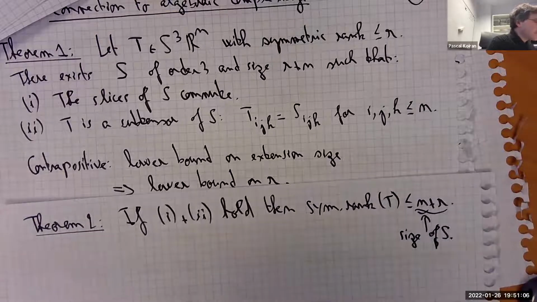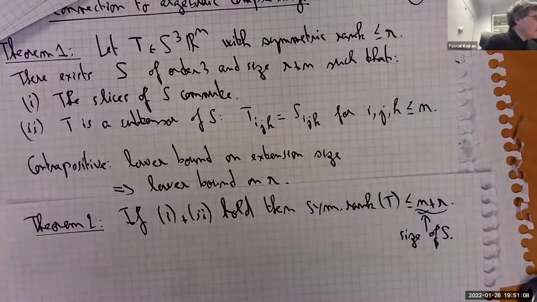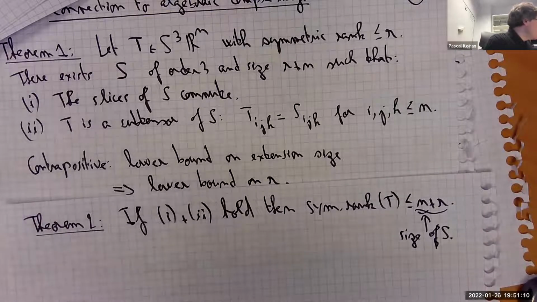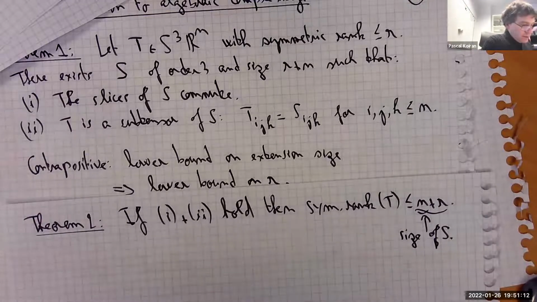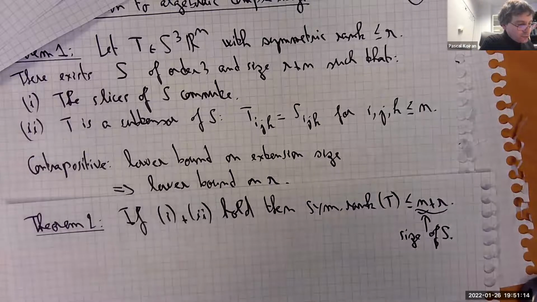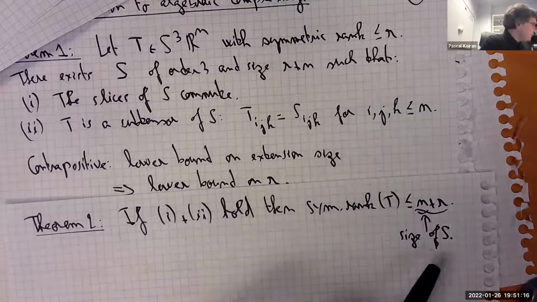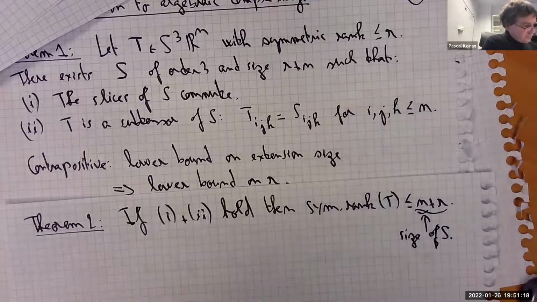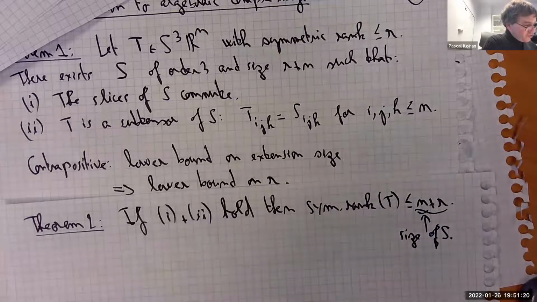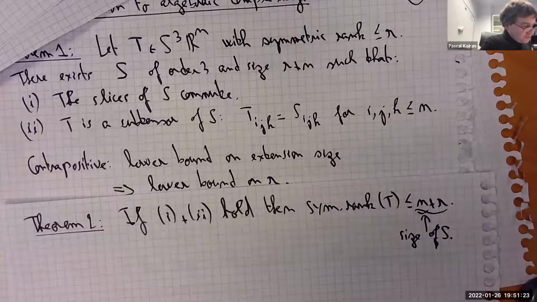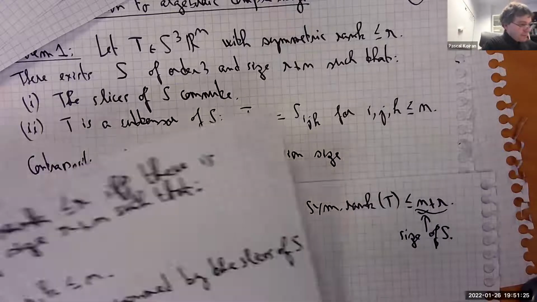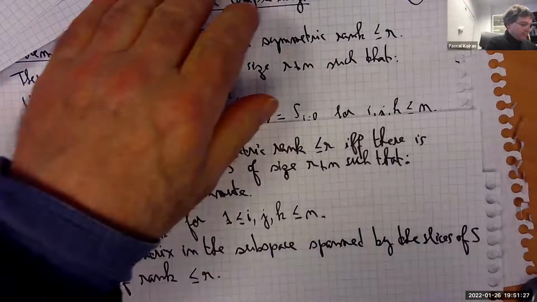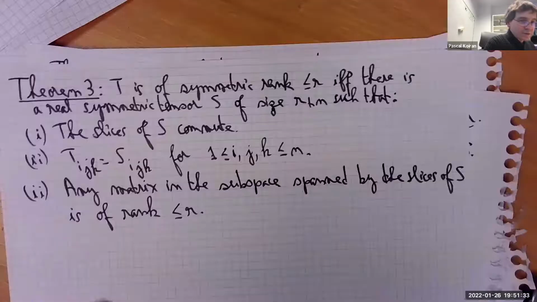Good. So you lose a little bit. You lose this additive term n here, but in fact, there is a more precise theorem which gives you an exact characterization. I'm not going to try and prove it, but basically on the same methods, you have to work a little bit more.